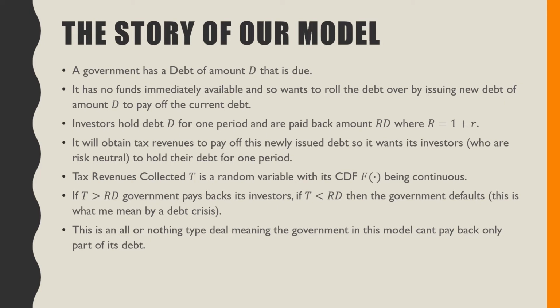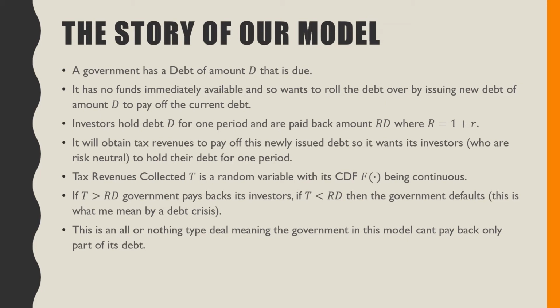Tax revenues T are collected at random, with a CDF F being continuous. So there is uncertainty with regards to the amount of taxes that the government is able to elicit from its citizens. If this capital T term, tax revenues, is greater than the debt that is owed to their creditors, that means the debt that they rolled over, the government pays back its investors.